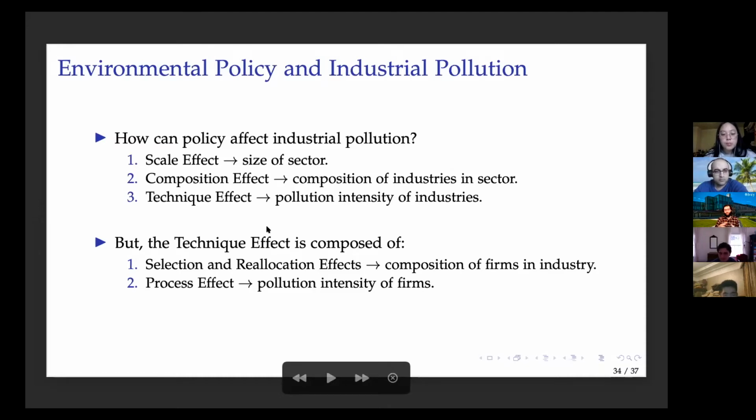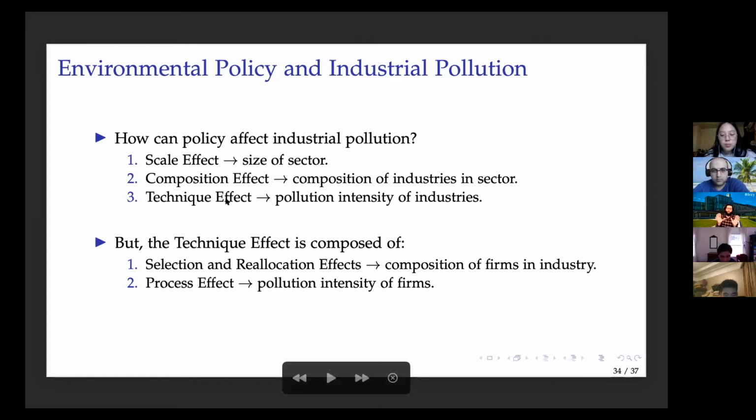Now, the problem here is BC is a part of Canada broadly, and we have an open market for the exchange of goods and inputs across the country. So as a result, a regulation that affects BC might have indirect implications for firms in Ontario, and that's going to affect your ability to make a causal claim about some of these channels.